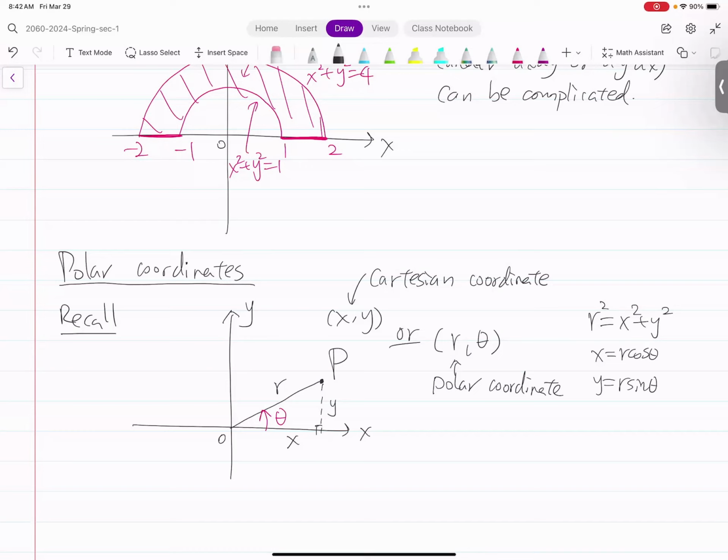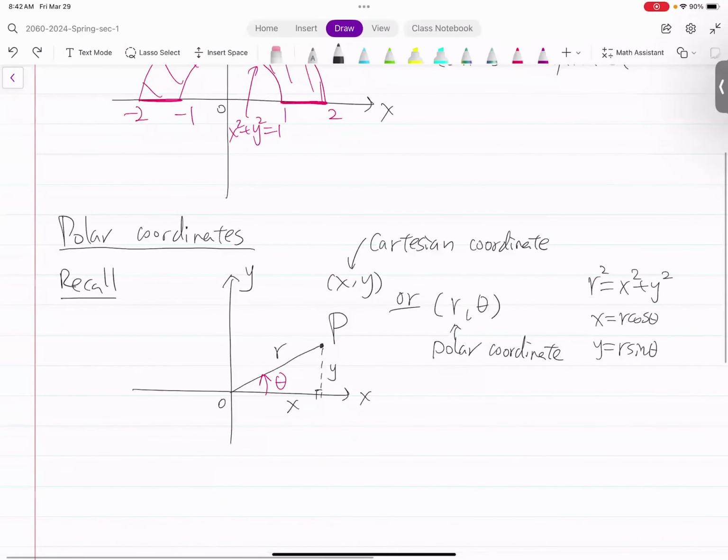These are trig identities about the coordinates, from the right triangle. Sine theta is y over r, the opposite over the hypotenuse. Cosine is the adjacent over the hypotenuse, right? So this is the way you relate between the Cartesian and the polar coordinates.